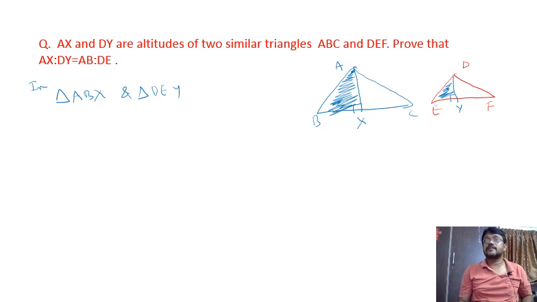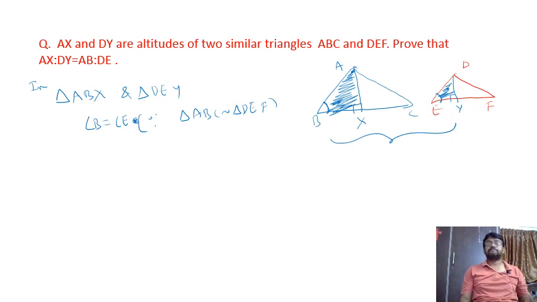In triangle ABX and triangle DEY, I am seeking similar features. Of course, angle B is equal to angle E, obviously, because triangle ABC is similar to triangle DEF. Both triangles are similar in nature. That's why the corresponding angle to B is E, and both are equal. Keep it aside. Also, there is a right angle in both, that is angle AXB and angle DYE, because AX and DY are altitudes.